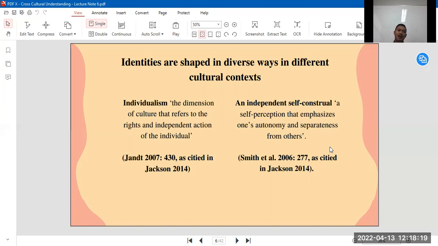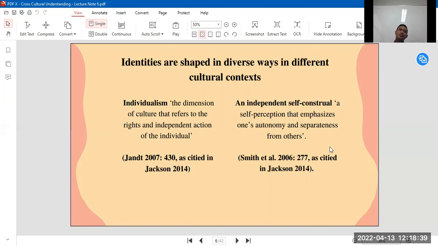This encourages young people, young generations, or young children to acquire and also to adopt individual characteristics.